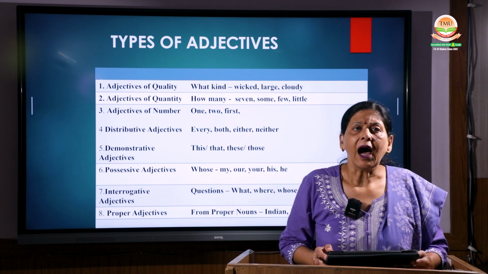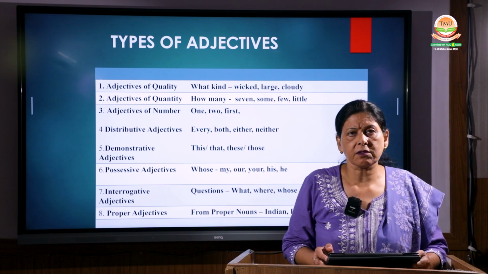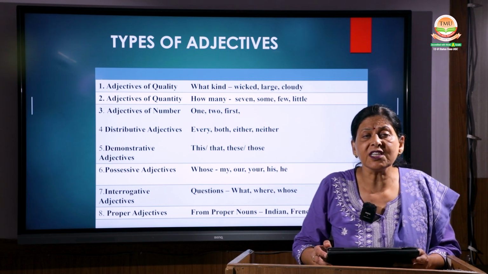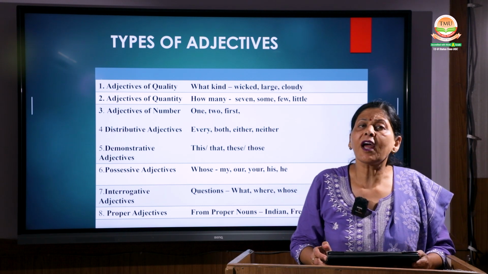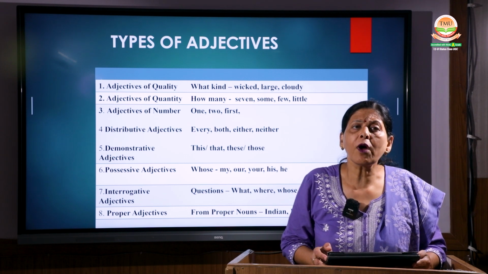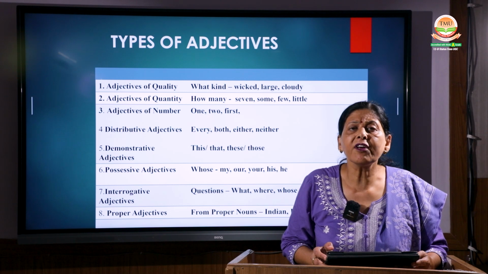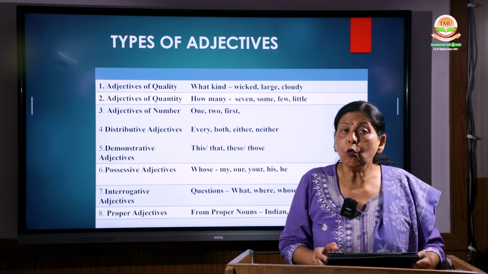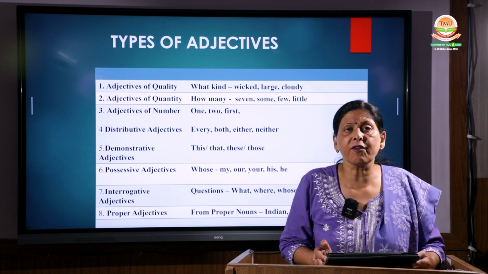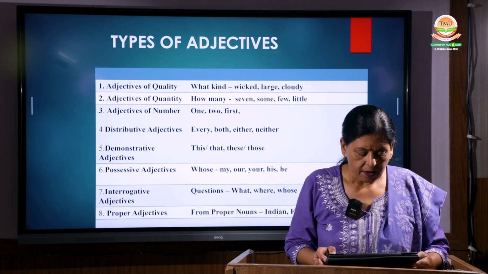I want to give sweets to every student of my class. Every student of my class means each and every. Each one of us has the right to vote. Each one means every one of us. So these are called distributive adjectives.